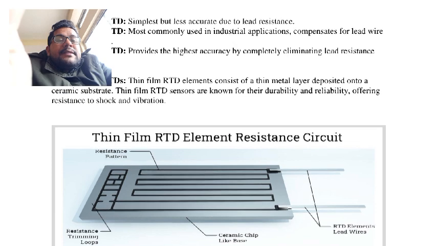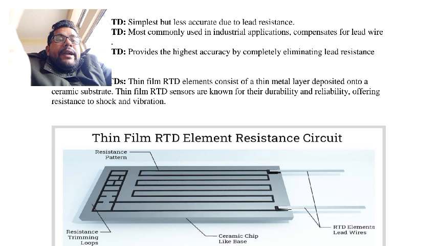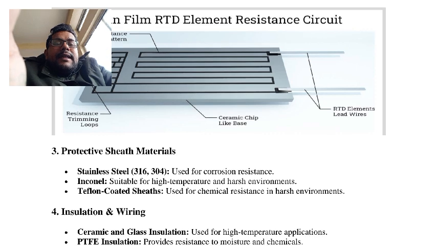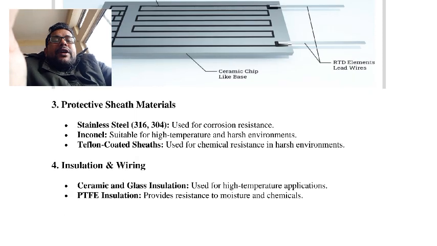Thin film RTD sensors are known for durability and reliability, so whenever those are required, we can go for them. Next in the classification of construction is the requirement of a protective sheath.